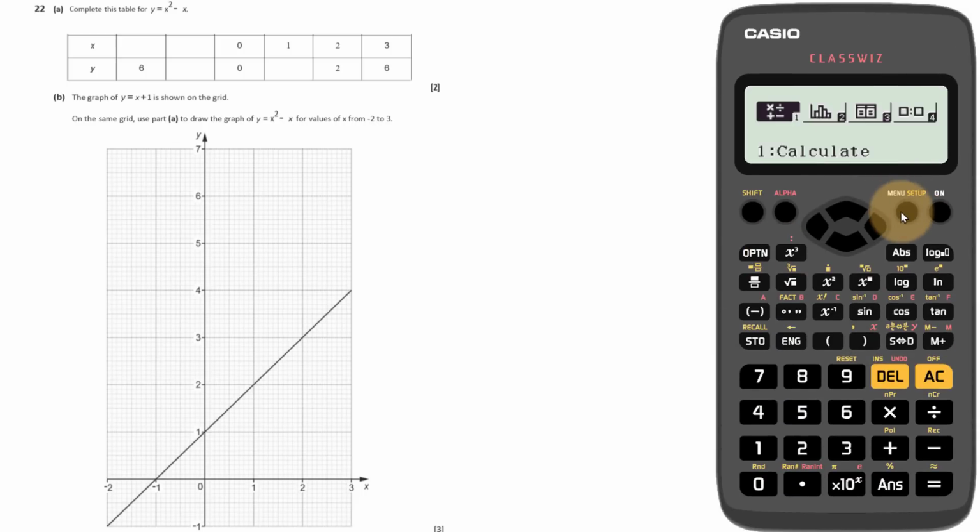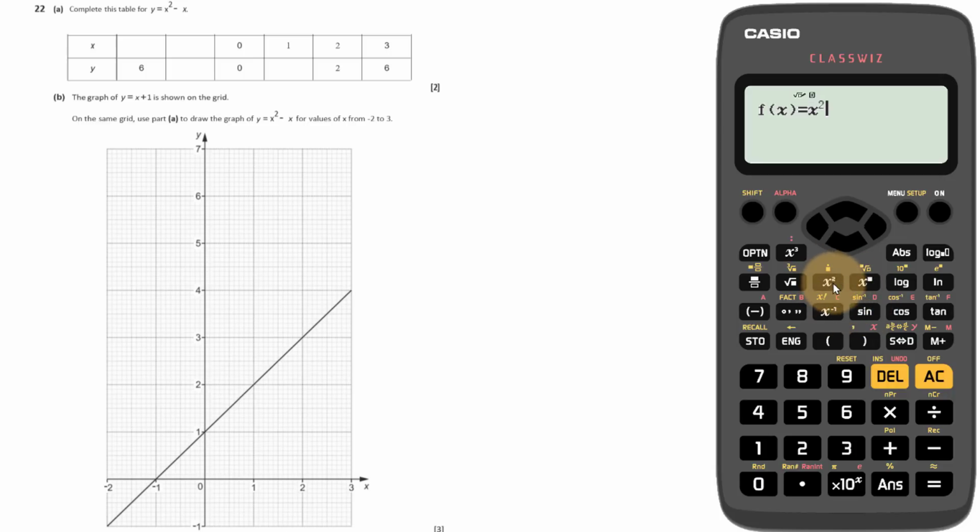So if you tap on mode and go to table, then you get f of x is equal to displayed on your screen. So it uses a slightly different notation. F of x is the same thing as y basically. So y is equal to, and then we just type in the bit on the other side of the equal sign, x squared minus x. Now to type in the x, you need to press the alpha key, and then the x here is above the bracket.